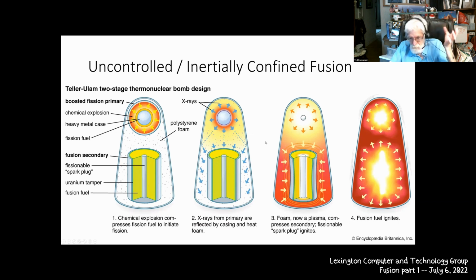Some people said you could make a bomb that didn't have a fission bomb that way too, and that's been talked about, but I don't know for sure if it's ever been done. Everything else is the same, the business of the tamper and all that kind of stuff.